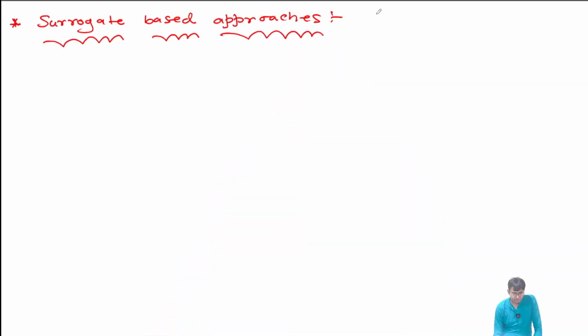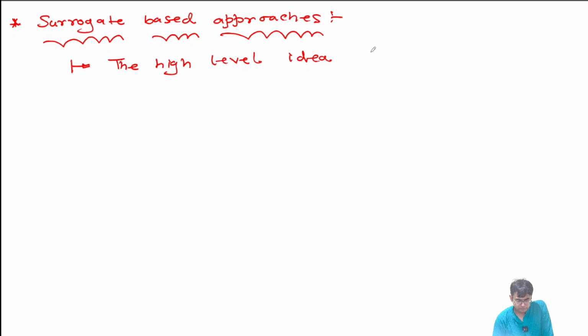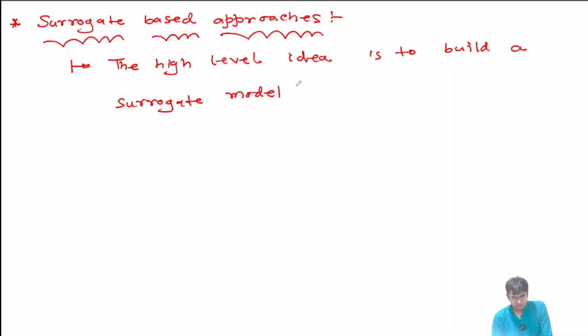So to write it down, the high level idea here is to build a surrogate model. By the way, a surrogate model has many names. I will just give you three names. A surrogate model is also known as a meta model, so in some papers you will find the name meta model.